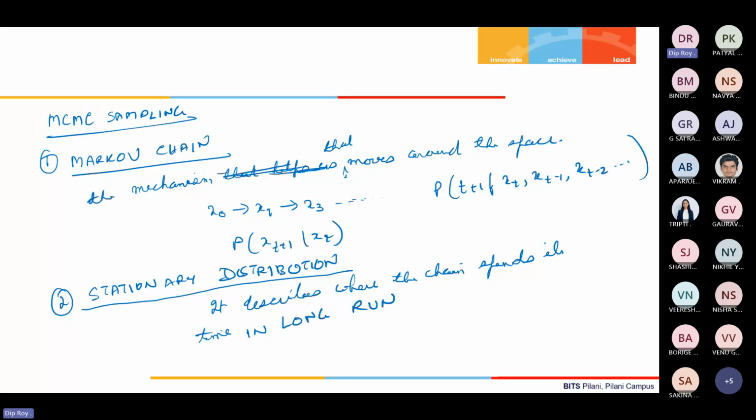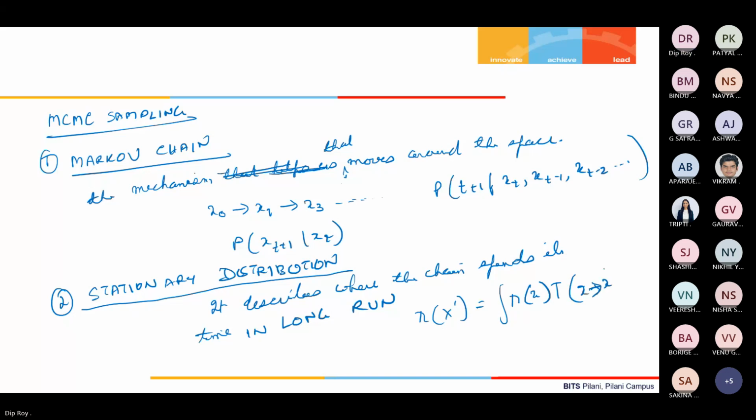So what the stationary distribution is saying is that this probability distribution, this is an arrow, right?